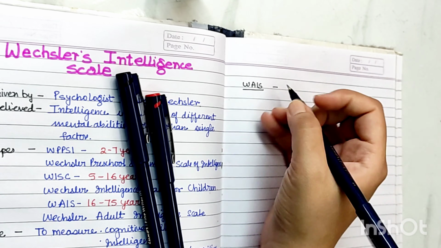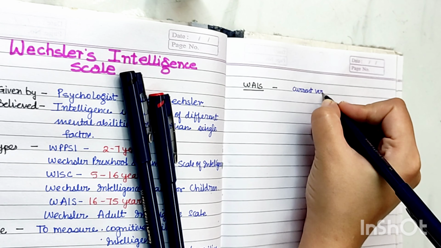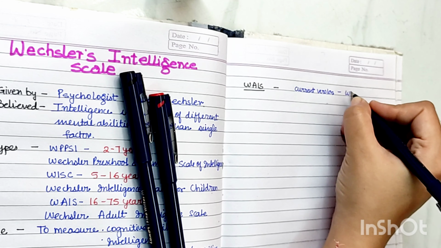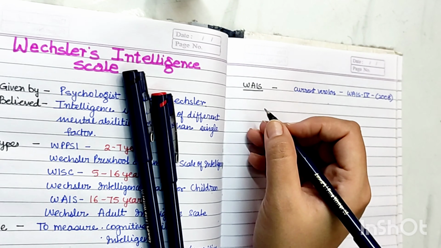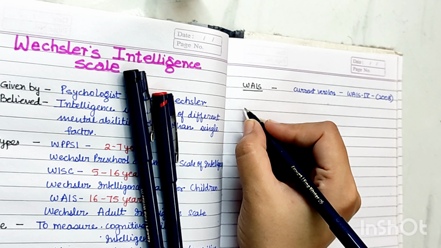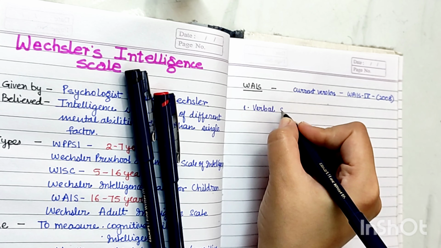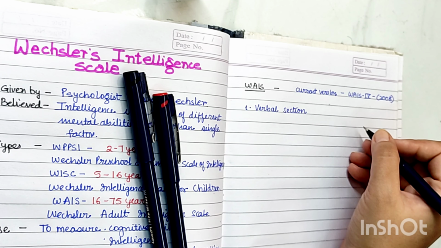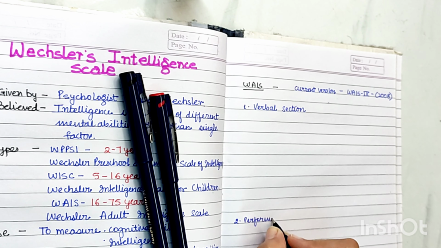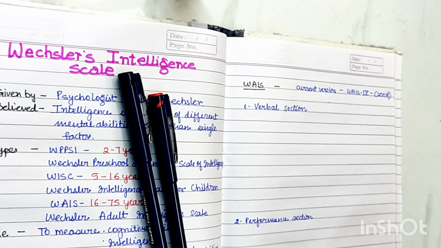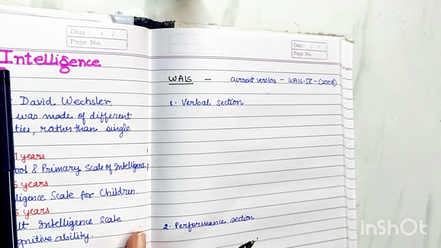First of all, I am going to talk about WAIS, which is Wechsler's Adult Intelligence Scale. The current version of this scale is WAIS 4th, and this was given in 2008. This test has two sections, which are the verbal section and the performance section.